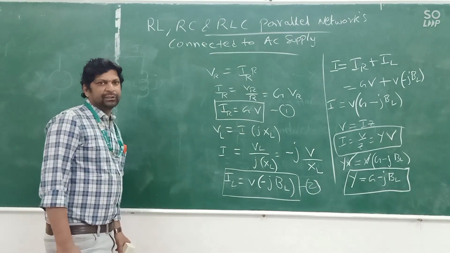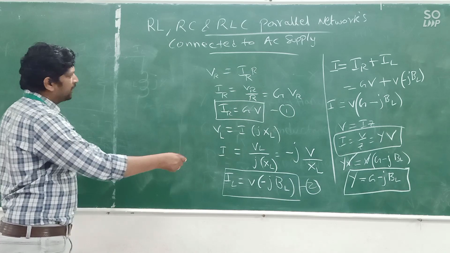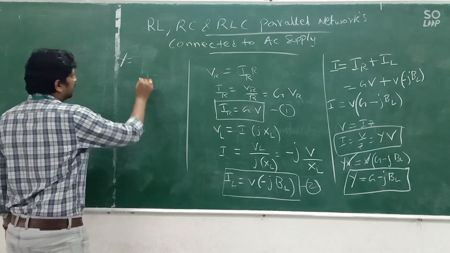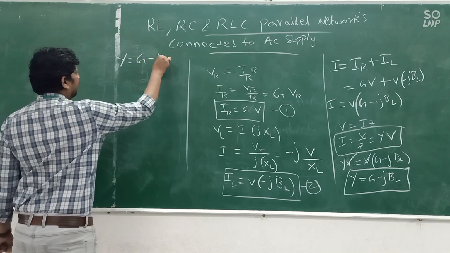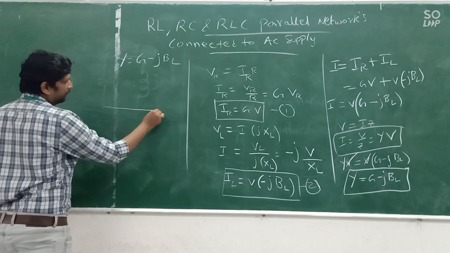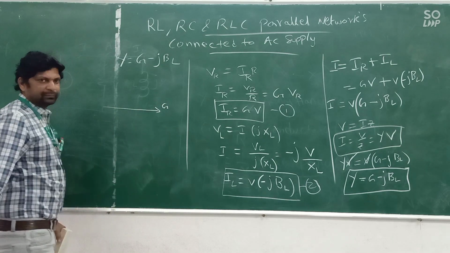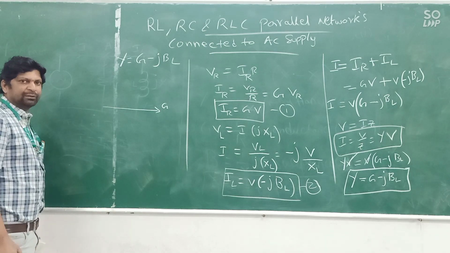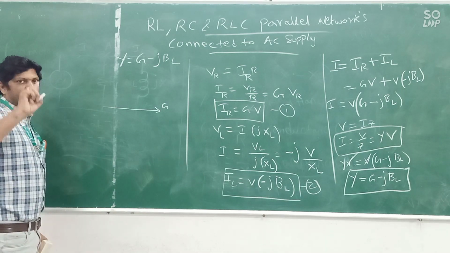Coming to vector representation, you can see Y is equal to G minus JBL. So here it is. This is my component G, that is conductance. J operator rotates a vector by an angle of 90 degrees in anti-clockwise direction.